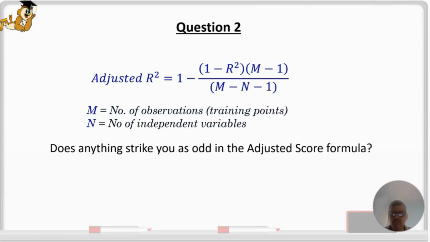What struck me as a little bit odd was the fact that m and n appeared together in this equation. Now remember, m is the number of observations, which is the number of training points, and n is the number of independent variables, right?